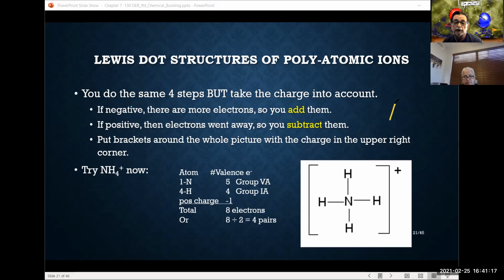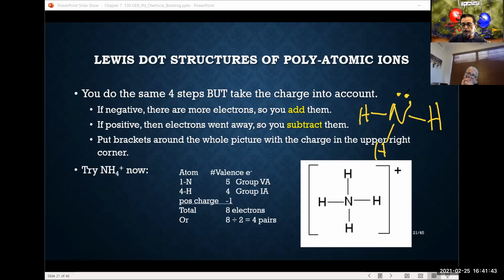So if I put nitrogen and then hydrogen, hydrogen, hydrogen, and then if we do a Lewis dot structure, we end up with a lone pair on that nitrogen. That's neutral. That's not charged. Now, here's the thing. I want you to think about this for a moment. We get a hydrogen that has lost that electron. Okay, hydrogen is in group 1.